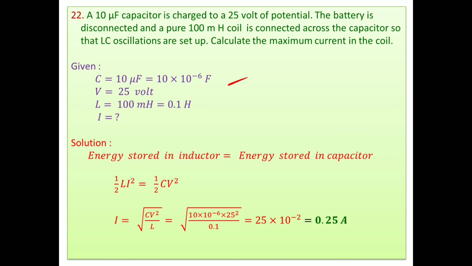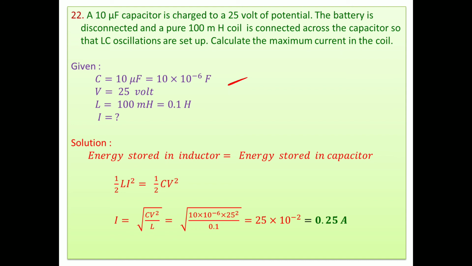So by law of conservation, half L I square equals half C V square. Rearranging the terms, the half gets cancelled and L is taken to that side. So I square equals C V square upon L, and I equals square root of C V square upon L. C is 10 into 10 raised to minus 6 farad, V is 25 square, and L is 0.1.